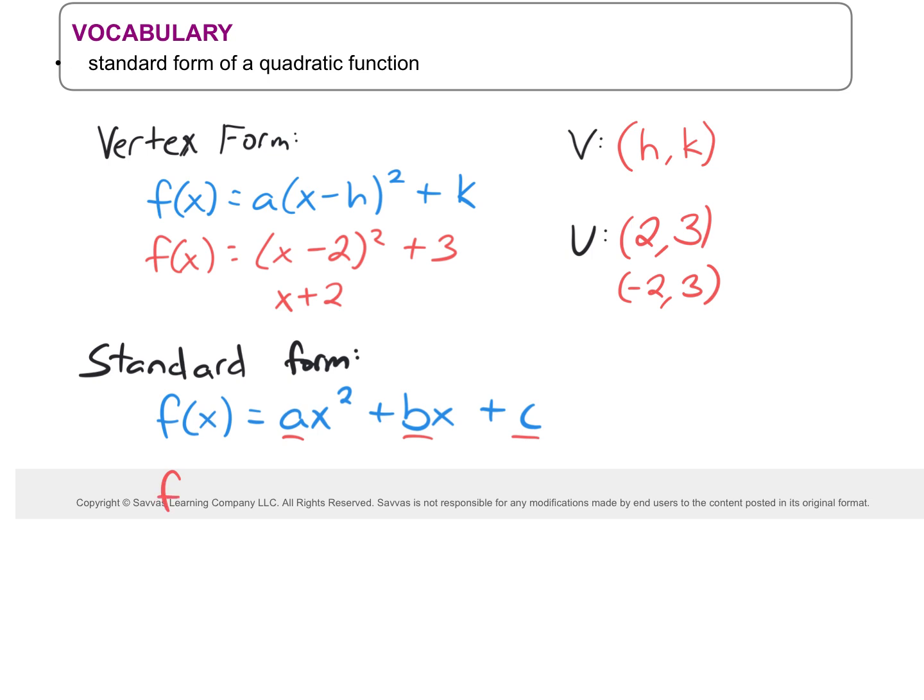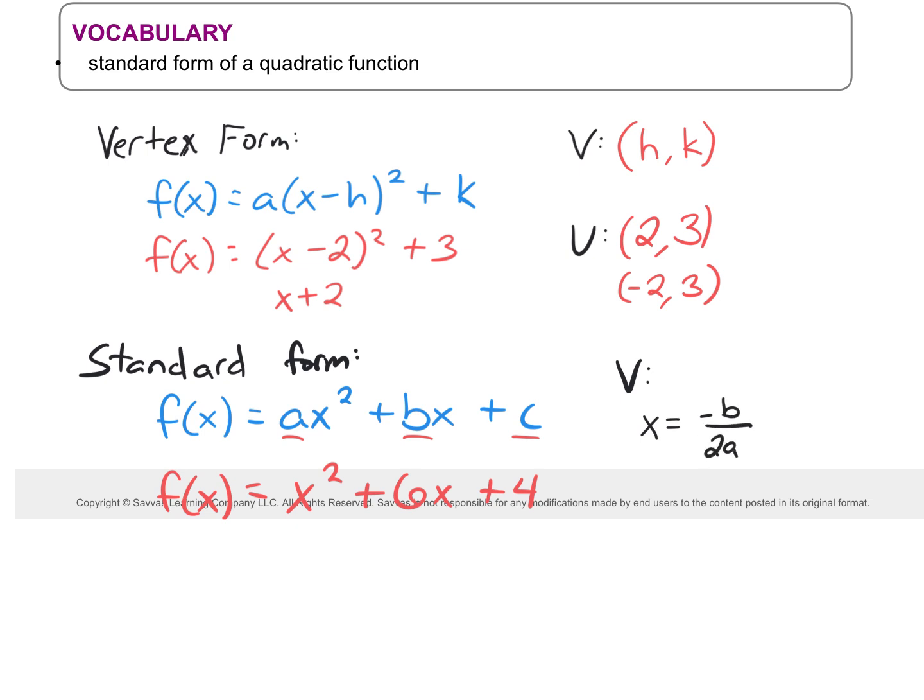What we have seen before is if we have x squared plus 6x plus 4. Does that look familiar to some of us? We already know how to graph that. Do we remember how to get the vertex of standard form? How do we get the vertex using the A, B, and C? Remember our x equals negative b over 2a.